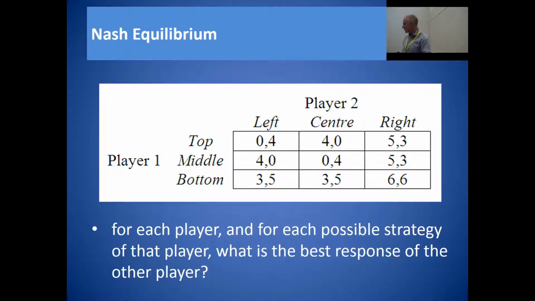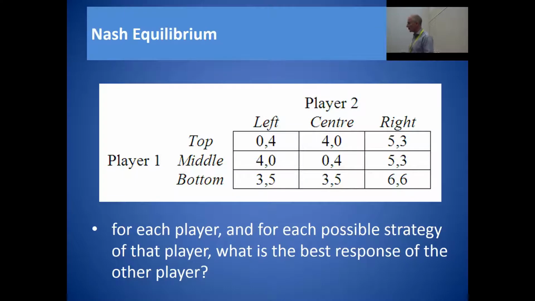So, for each player and for each possible strategy of that player, what's the best response of the other? Well, let's take the optimal responses of player 1 initially. If you want to find the optimal responses of player 1, this is conditioned upon what player 2 does. And this will link back to those questions that I asked you 5 minutes ago.